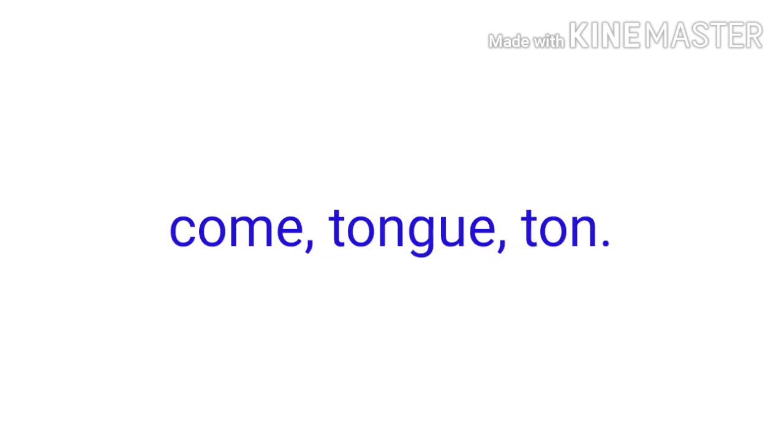I'm going to start with the A sound. This sound is usually found in words that have U in between two consonants, as in hat, cat, card. It is also found in words that have O, like in come, tongue, turn.